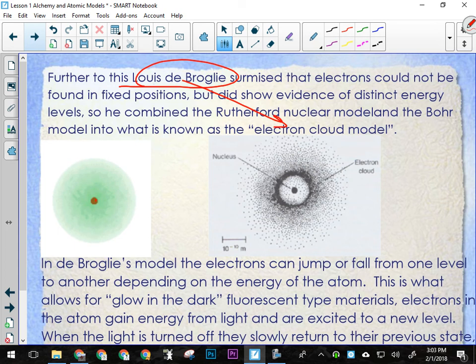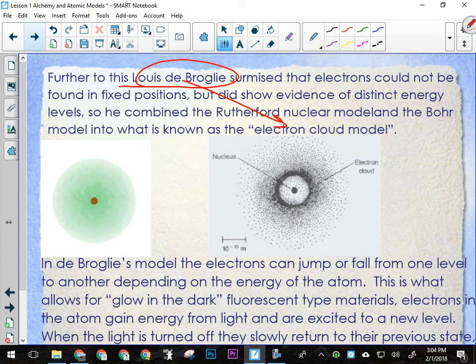His experiments led him to the finding that the reason it's glowing is because its electrons picked up energy from the light and moved away from the nucleus. When the light source was removed, the energy that moved them away was gone, so they started falling back towards the nucleus. And as they fell back, they gave off the energy they had absorbed. They glow for a short period of time. As they fall back, the material glows.